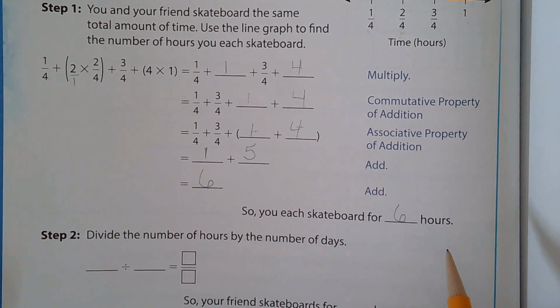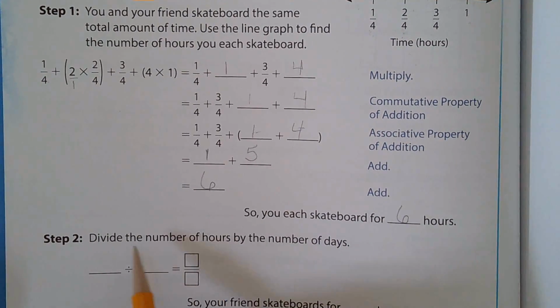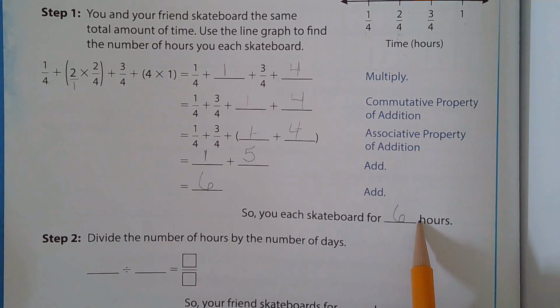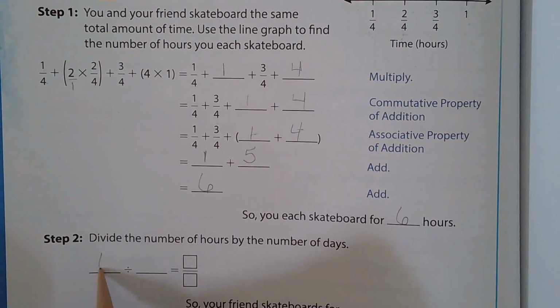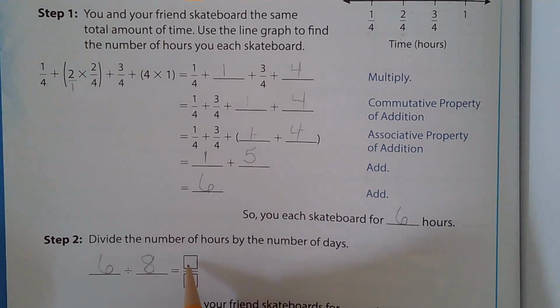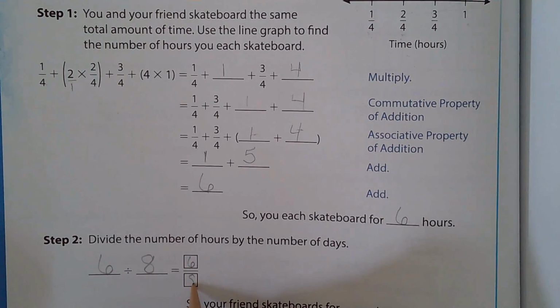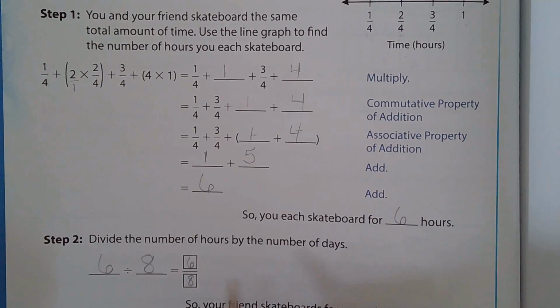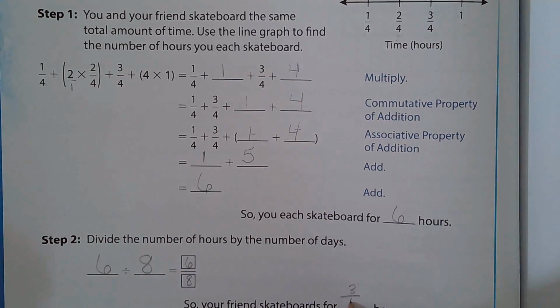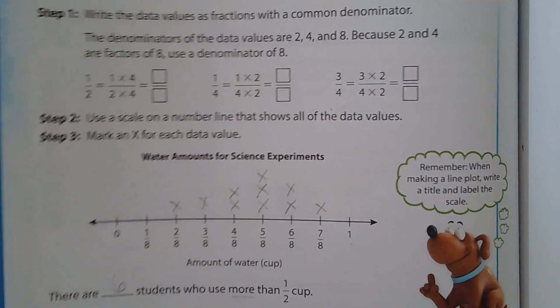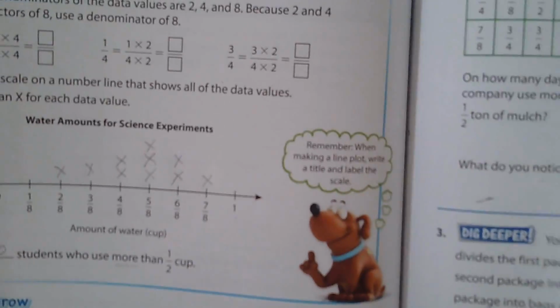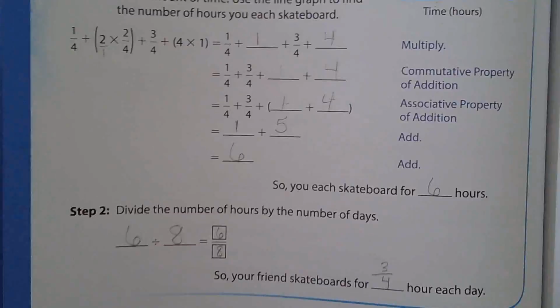Now divide the number of hours by the number of days, because your friend also skated 6 hours for 8 days. So 6 divided by 8 is 3/4 of an hour each day. Okay. All right. So now I want you to do numbers 2 and 3 and number 4 on your own. Good luck.